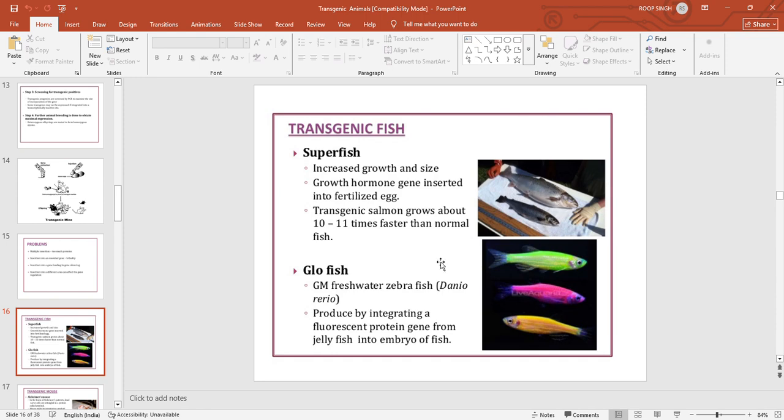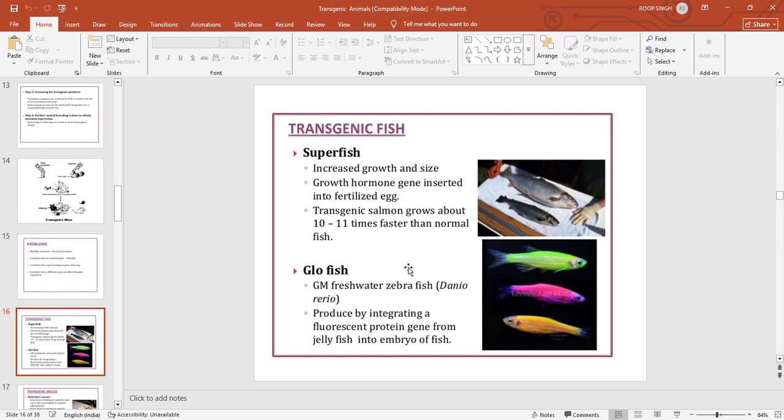Transgenic salmon grows about 10 to 11 times faster than normal fish. So you can get edible fish in a very short span of time in aquaculture, because they grow faster compared to the wild one.